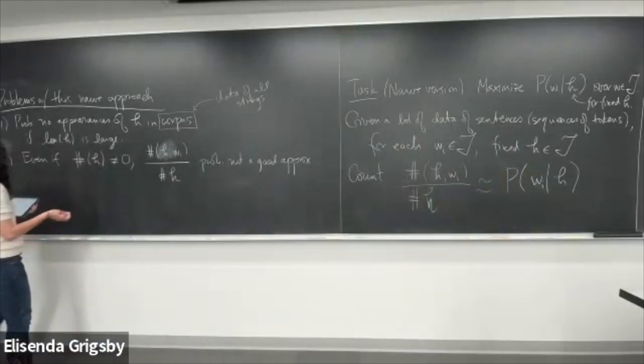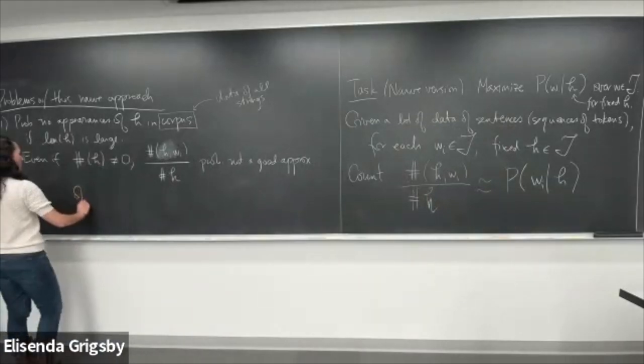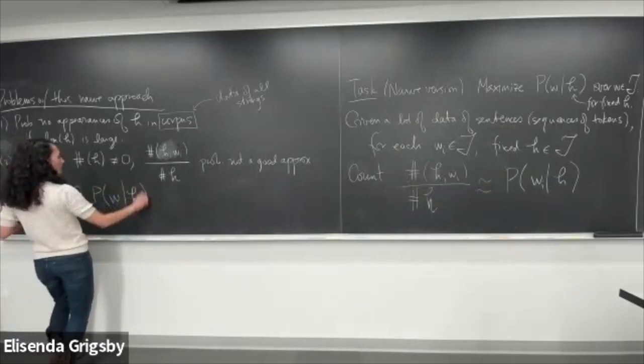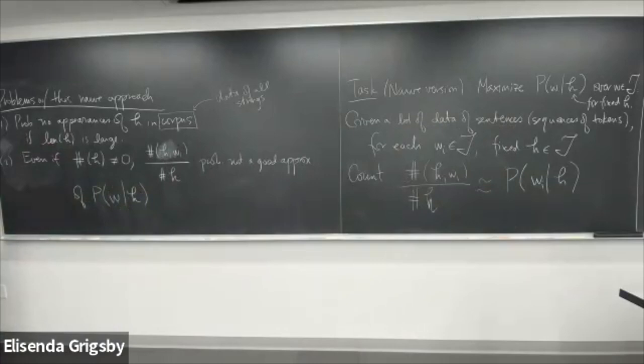So this empirical count is probably not a good approximation of the probability of W being the next word given your history H.